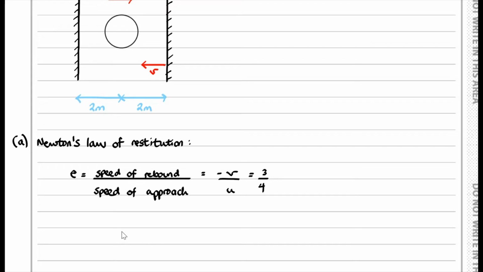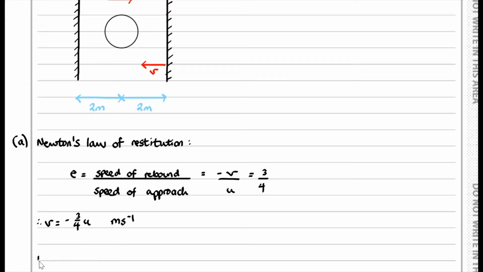With that information we can rearrange to find the speed of rebound. v is equal to -3/4 multiplied by u meters per second.